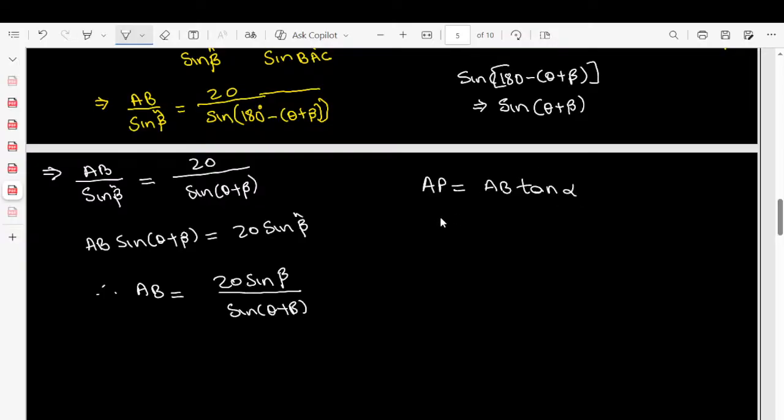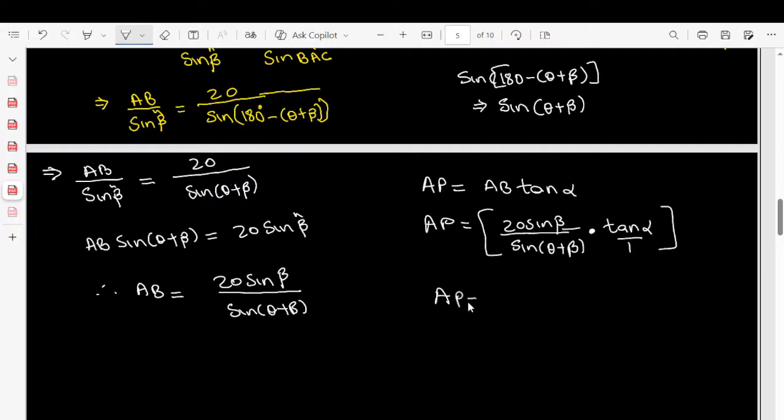So let's substitute our AB. We know that AB is equal to 20 sine beta divided by the sine of theta plus beta. Okay, so far so good. We're multiplying this by the tan of alpha, which is over 1. Then we can just row multiply.